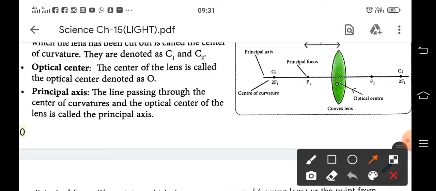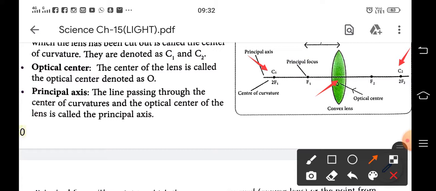See here, the center of the lens, both sides, is known as center of curvature. Here it is C1 and C2 because two parts are there in the lens, and so both sides we can consider. Then optical center is the center of the lens. In between the lens there is a center point which is known as optical center and denoted by O.